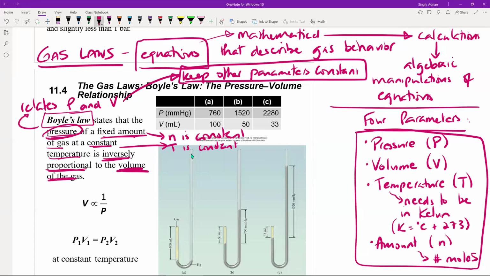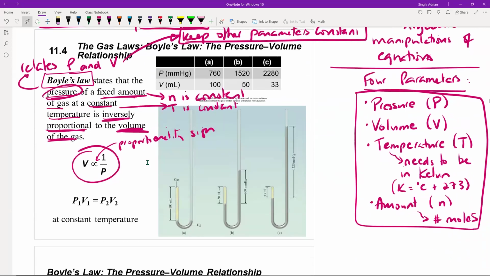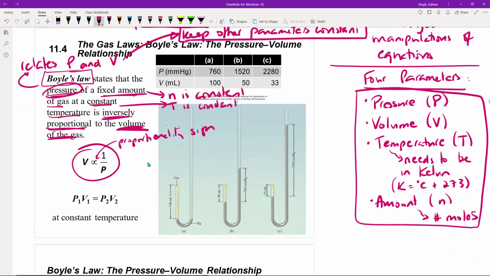So what we say is V, the volume, is proportional to 1 over pressure. Remember, this is our proportionality sign. When we replace that with an equality sign, so V is equal to 1 over P, we normally need to introduce some sort of constant here. That's the proportionality constant.